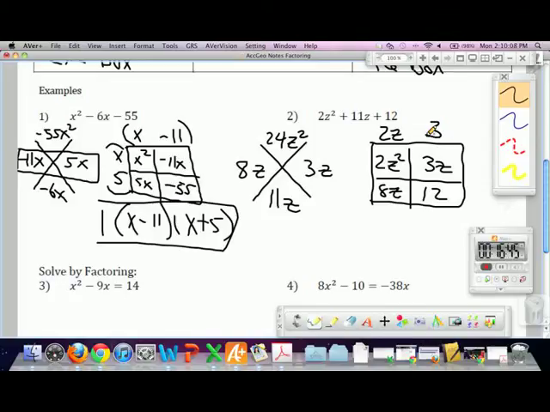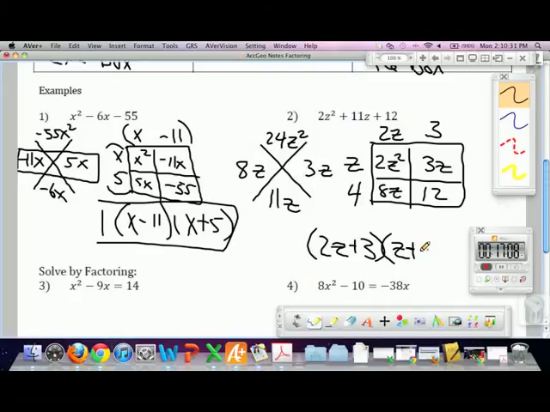And then what's the greatest common factor between 8z and 12? 4 goes in each of those. Okay. So our solutions are 2z plus 3 and z plus 4.